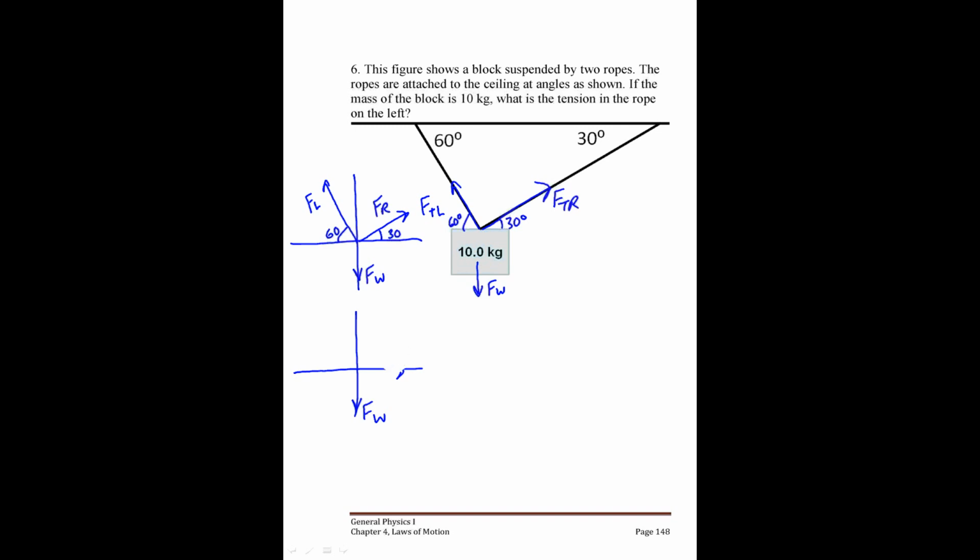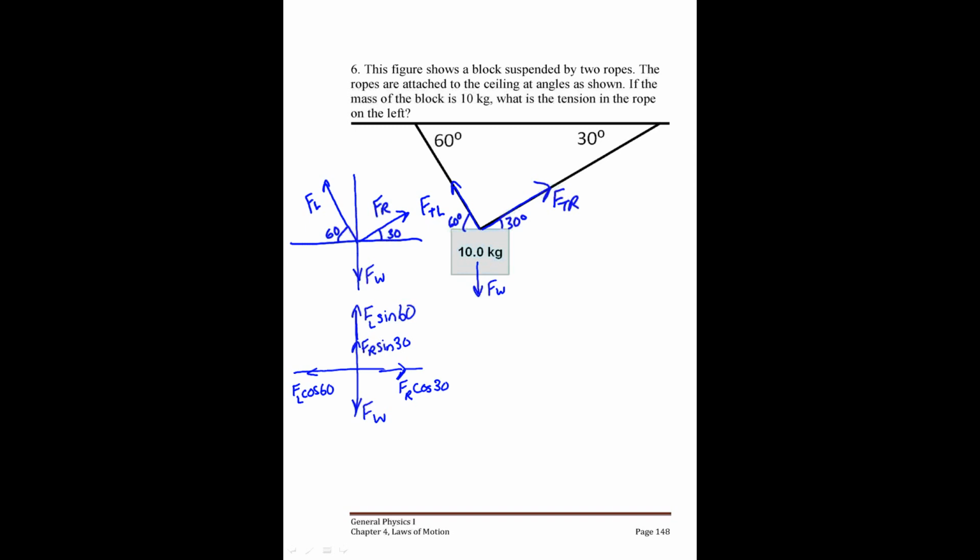Don't get too messy. This is FR cosine 30. This is going to be FR sine of 30. This is going to be FL cosine of 60. And then this is going to be FL sine of 60. So those are my resolved vectors.